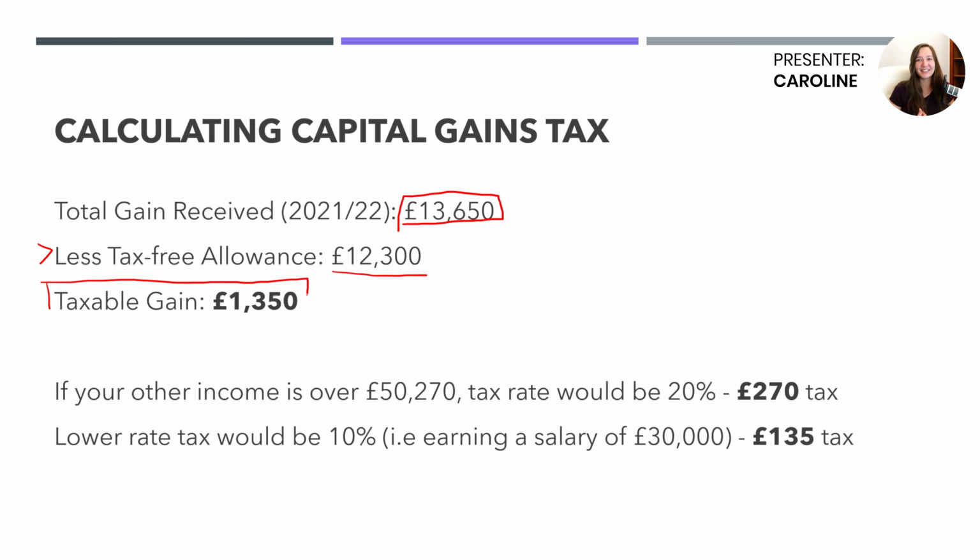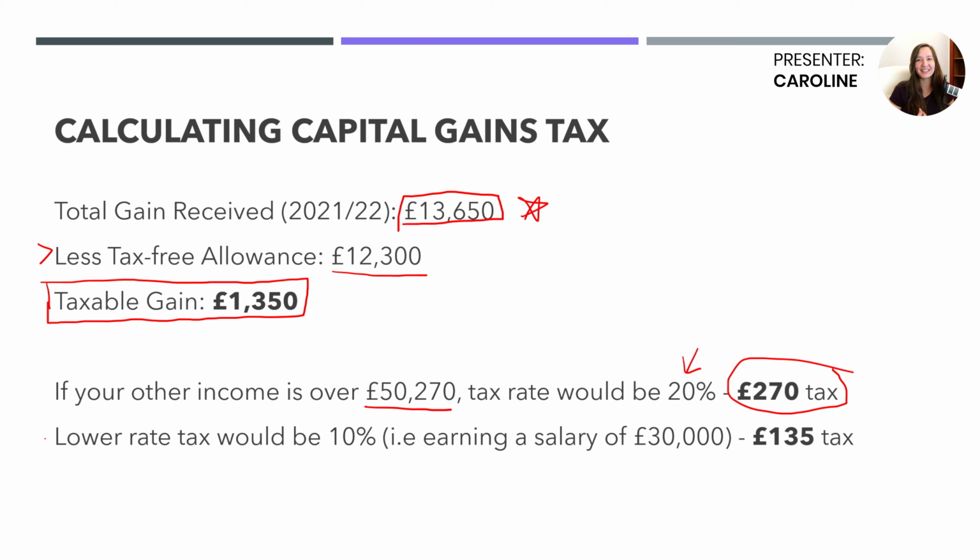£1,350. So if your other income is over the higher rate tax threshold, which for this year is £50,270, the tax rate would be 20%. So that would give us total tax liability of £270, and your total gain was £13,650. So not a bad deal.